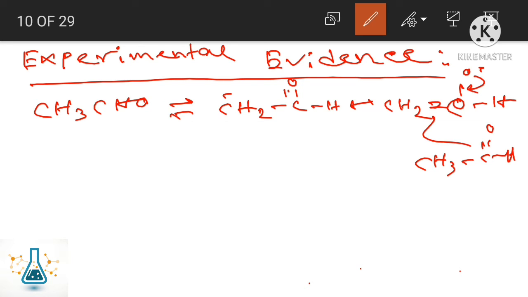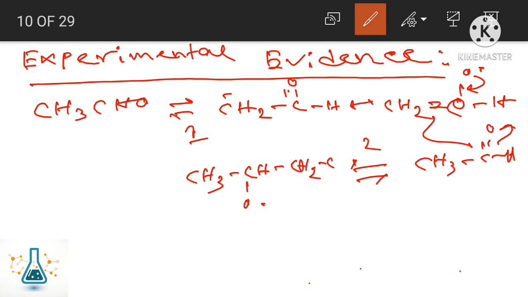It has gone there, and it will attack here, and then we have seen in the second step, this is first step, this is second step, we have seen this type of compound. So this is CH2 CHO, and now it has gone there CH3 CHOH.